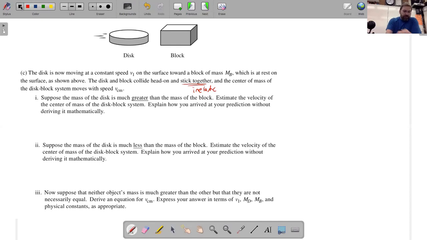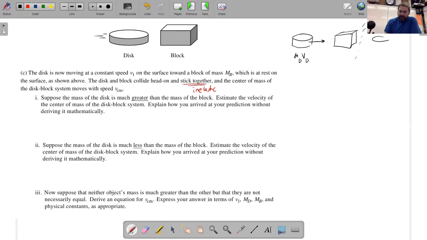Well, what you might do conceptually is think about what happens in the collision as an aside. So here I've got the mass of the disk times the velocity of the disk, and it's going to collide with the block. And the block has no momentum initially.